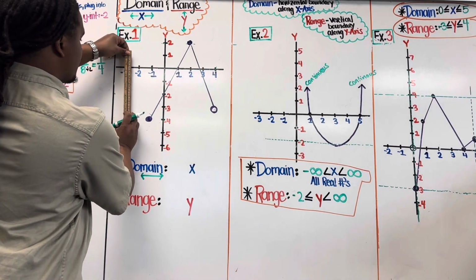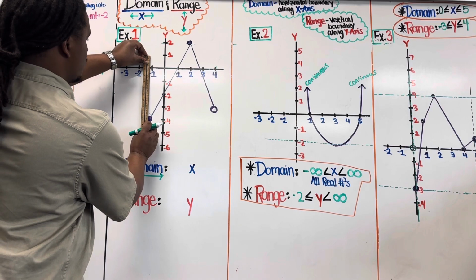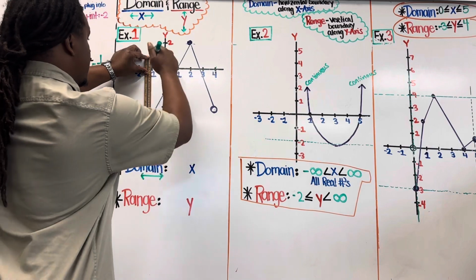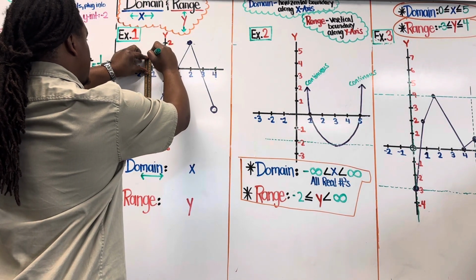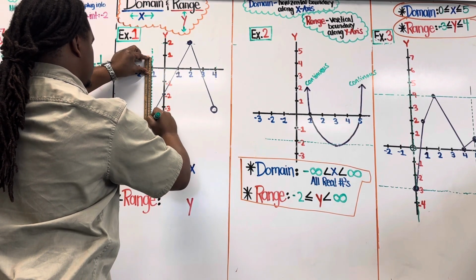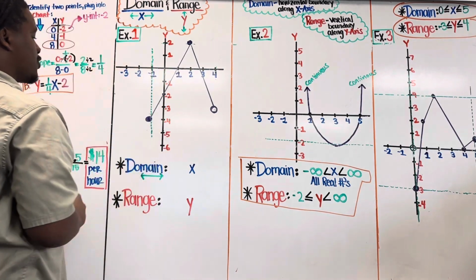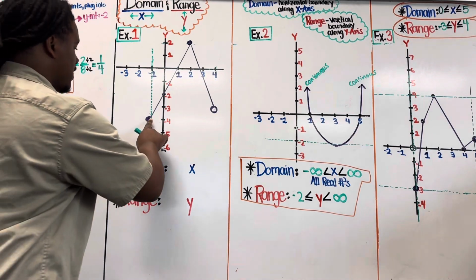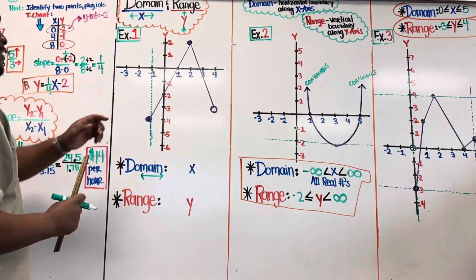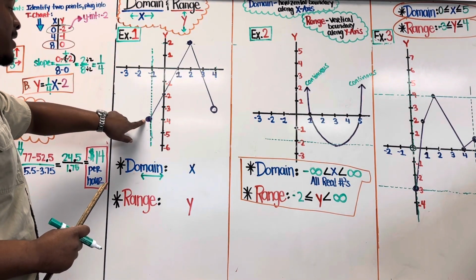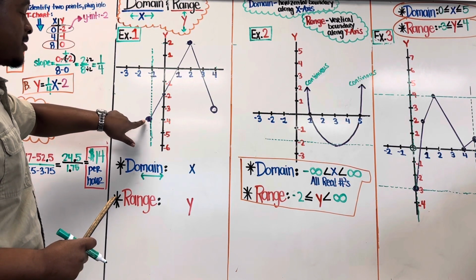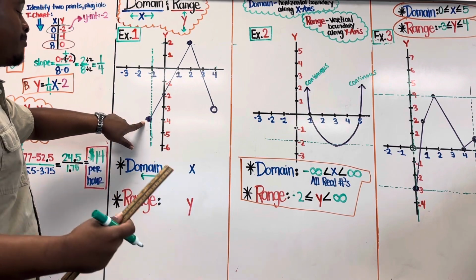As I move my vertical line test over, guys, I notice that the lowest x value that x could possibly be is at x equals -1. So that's why I'm going to put this green line, right? That will show you that. As you notice, guys, the lowest that x could be that's a part of this function is at -1, and x can be -1 because this particular dot is actually shaded in, which means that x could actually be -1.